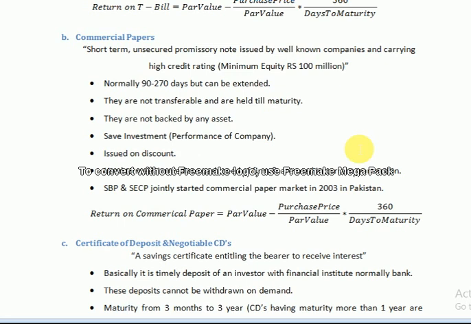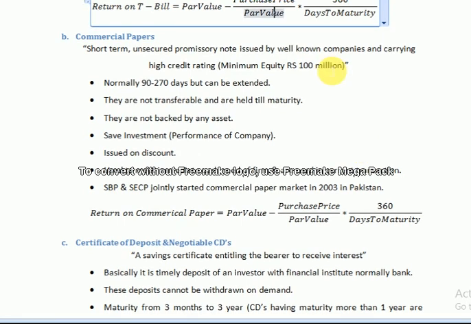So 1000 minus 950, divided by par value 1000, multiplied by 360 divided by, if it is 3 months, 90. In this way we can find the returns on commercial papers. Through this formula we can calculate the returns of a commercial paper.